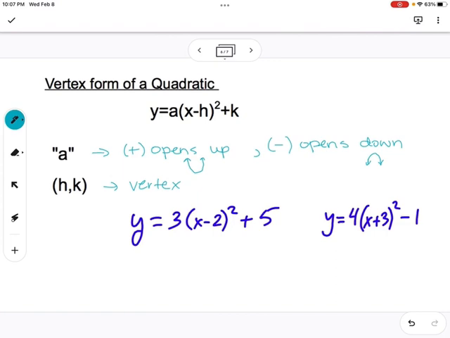So looking at a parabola, the vertex is the maximum or minimum point. So if it's opening up, the vertex is right here, and it gives us our minimum. And if it were opening down, our vertex would be here, and that gives us a maximum.